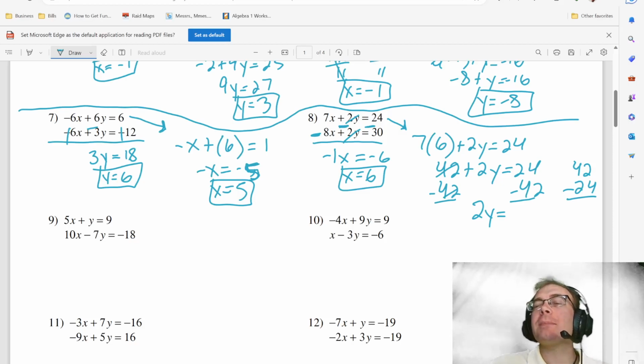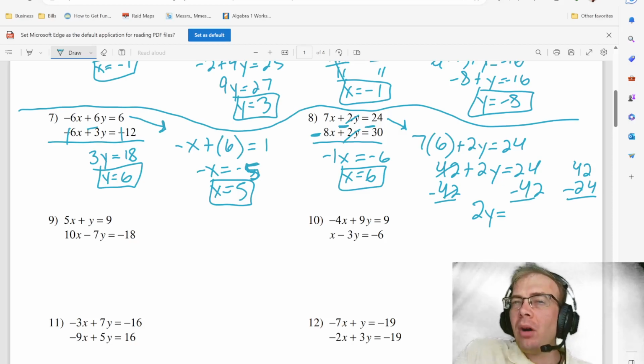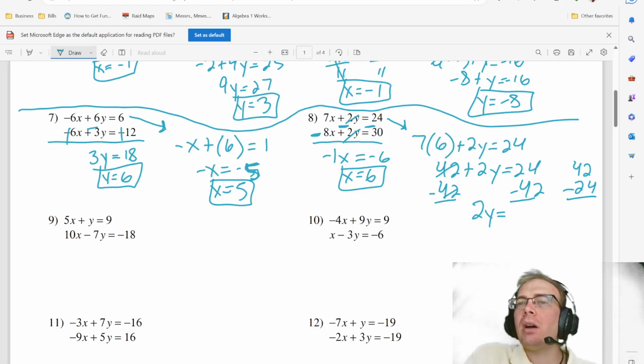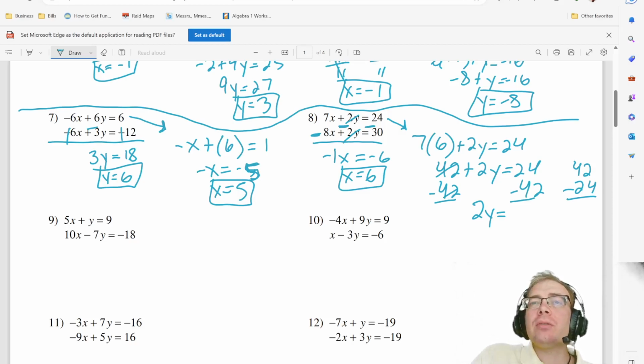Subtraction normally is supposed to be the larger positive and then the smaller negative, right? A bigger number minus a smaller number. When you have 24 minus 42, that's kind of like flipped around. The 42 is the thing that you're minusing. So you're going to end up with a negative.